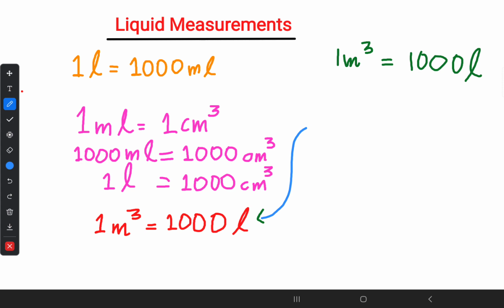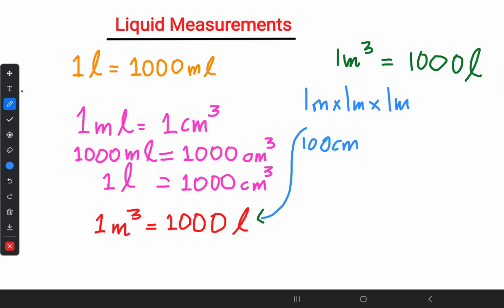So first of all, look at this. 1 cubic meter, I can write as 1 meter into 1 meter into 1 meter. How did this 1 cubic meter come from? 1 meter into 1 meter into 1 meter. So 1 meter can be expressed as 100 centimeters.